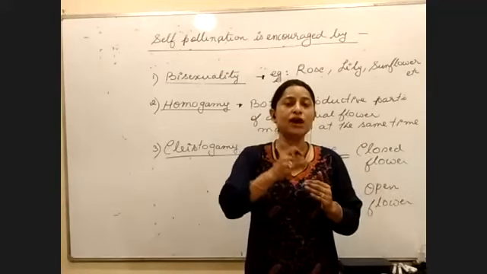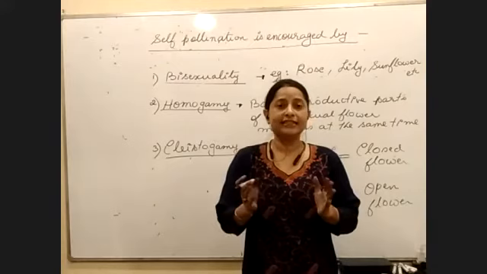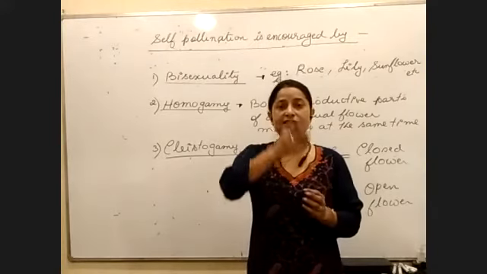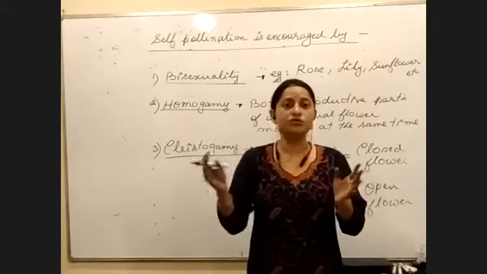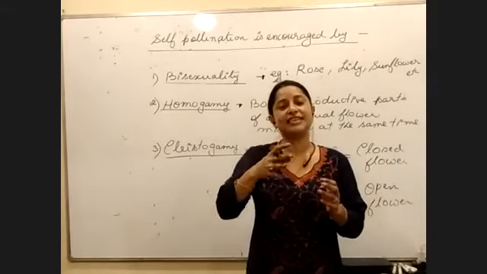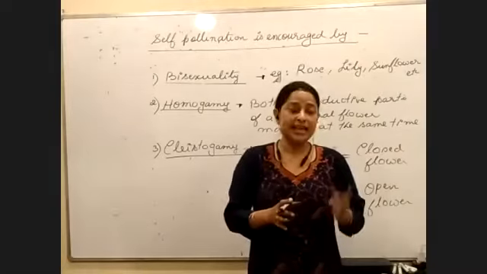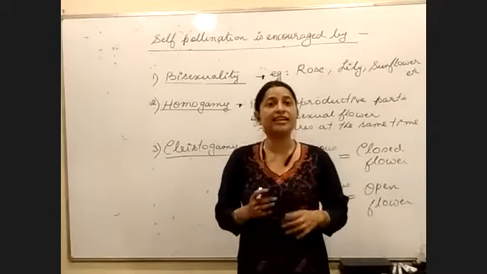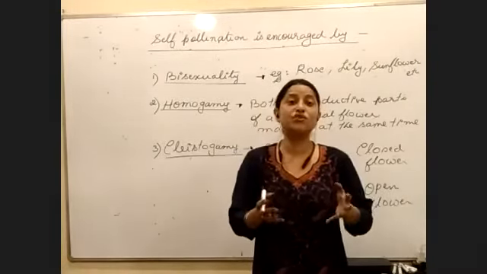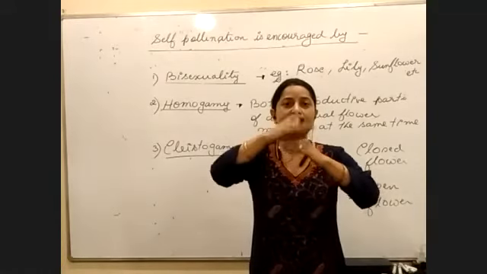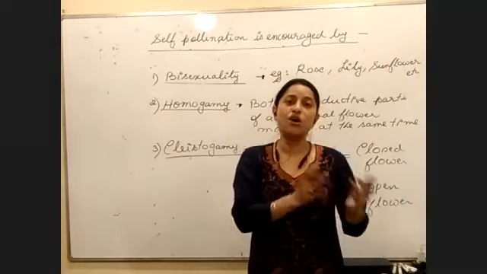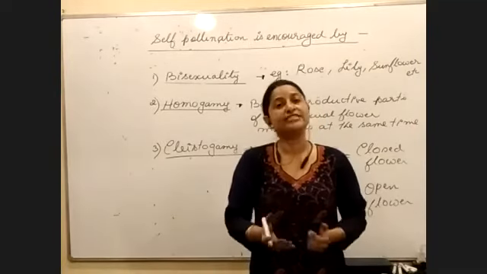In order to undergo cross-pollination, what is very much essential is that the reproductive parts, androecium and gynoecium, should get exposed so that insects or various agencies can pollinate them. If we are talking about a flower that never opens, then the reproductive parts will always remain covered by the petals. And so the option they are left with is always self-pollination.